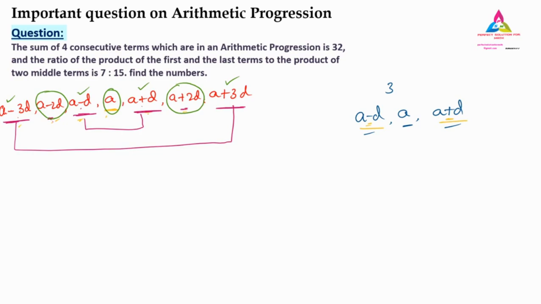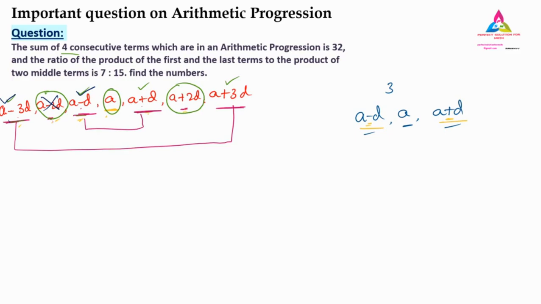You may ask, sir, if we do it this way we are going to get the wrong answer. But actually this is the trickiest part, and this is the trick in AP when you are finding 4 consecutive terms. Here what I am doing is, between 2 terms I am leaving one term. Between a minus 3d and a minus d I am cancelling a minus 2d. One term I have left.